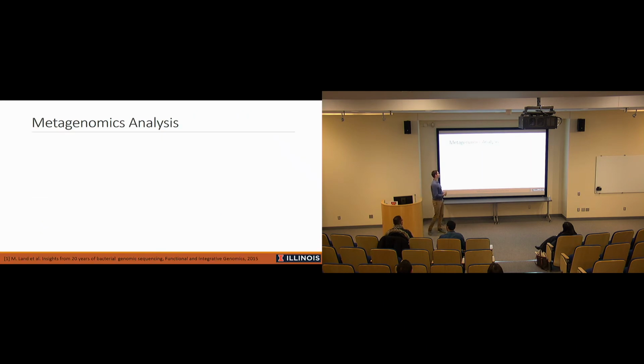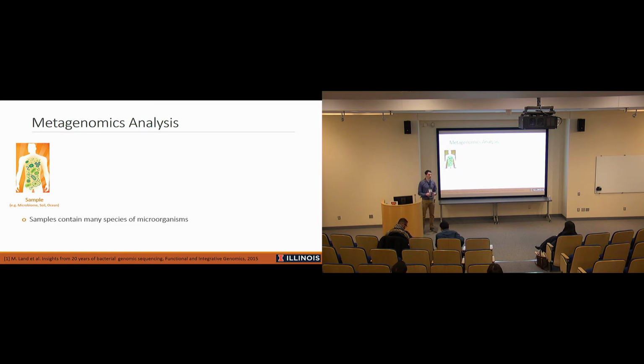So what is metagenomics? Metagenomics is the study of genetic content of communities of microbes in the environment. That environment could be the human microbiome or soil or the surface of the ocean, etc. And these samples contain hundreds of species of bacteria, viruses, etc. What researchers do is take all of the DNA in a sample and sequence all of the species' DNA.